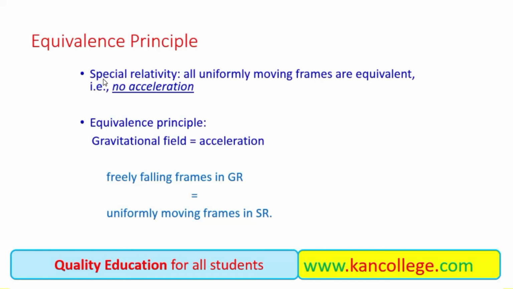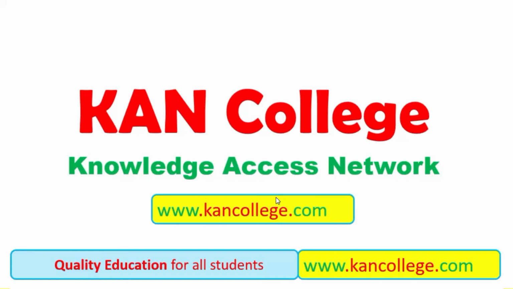Equivalence principle: in special relativity, all uniformly moving frames are equivalent and there is no acceleration. And if there is a gravitational field, then there is an acceleration. It means freely falling frames in a gravitational field, in the general theory of relativity, will be equivalent to the uniformly moving frames in the special theory of relativity.